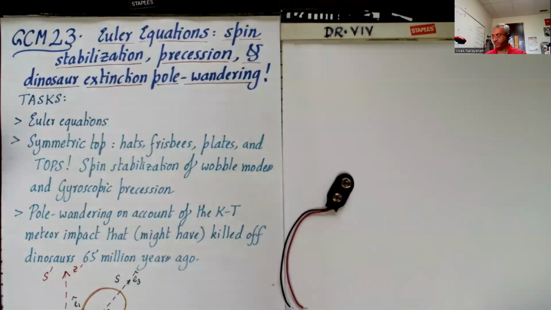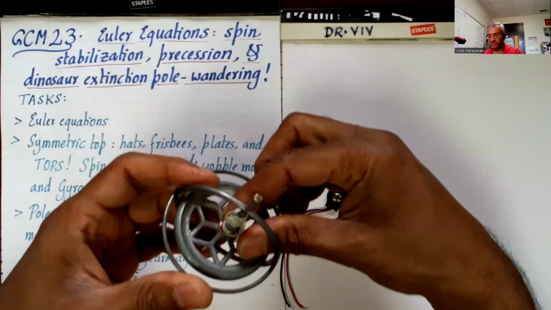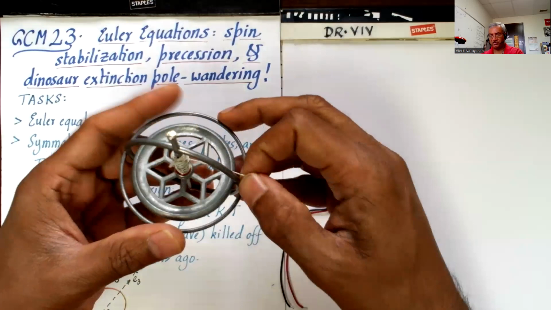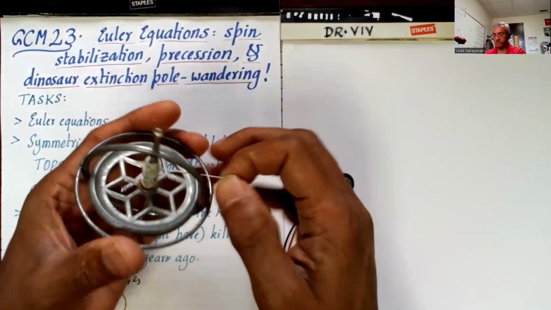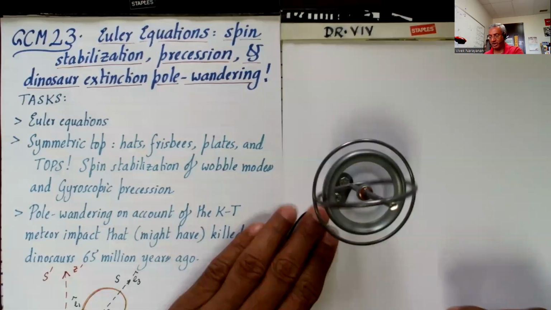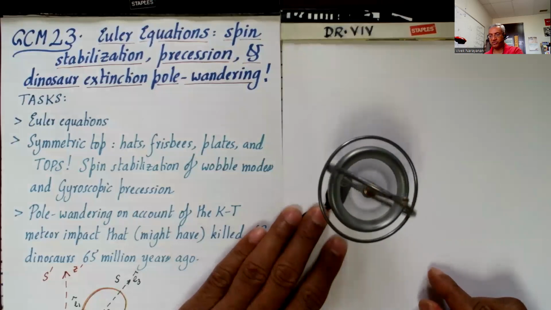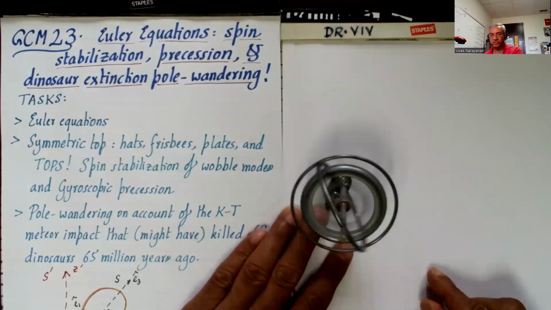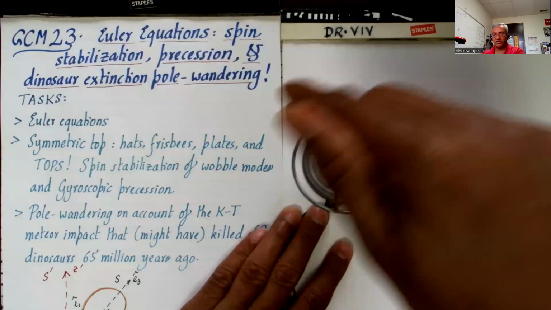But if I fix the point of contact like I'm about to for this gyroscope, manufactured by the Tedco company, it's a very nice device. I have put some twine around it. So let me gun the gyroscope. So it's moving quite fast. And if I keep one axis fixed, you will notice that as time progresses, that axis tends to rotate.